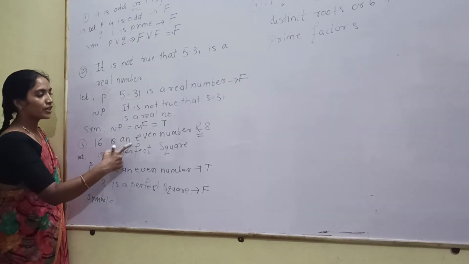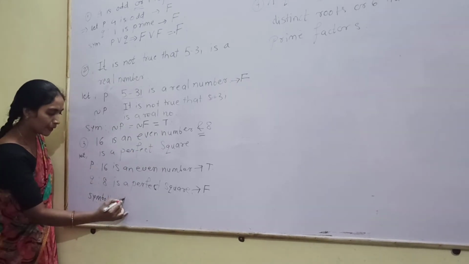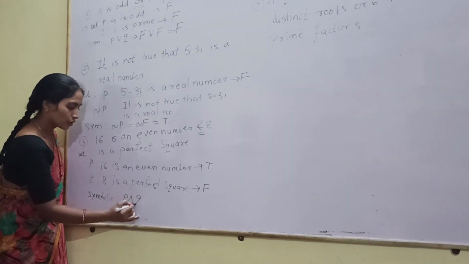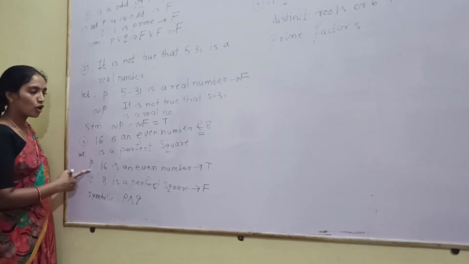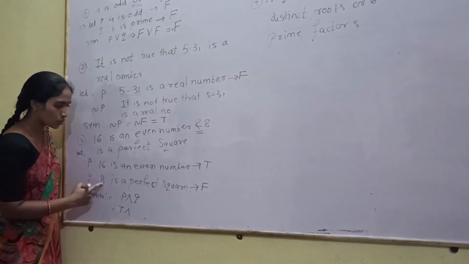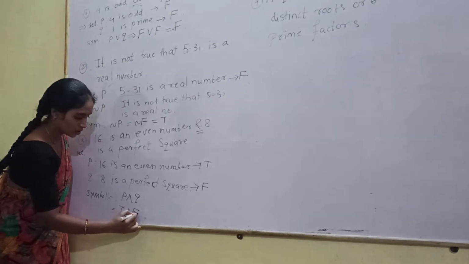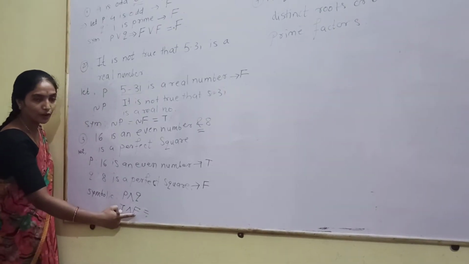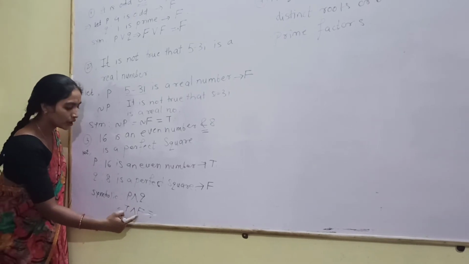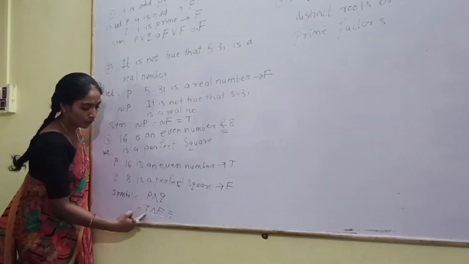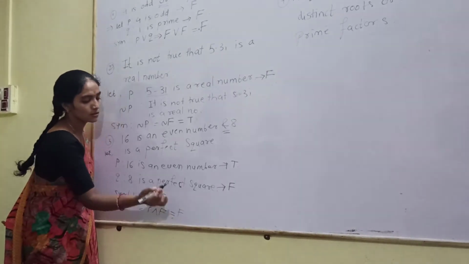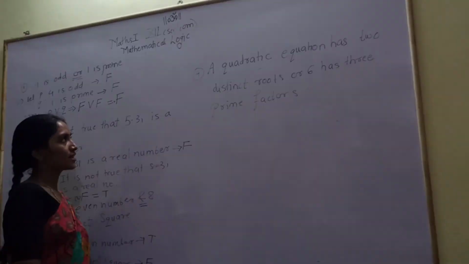Here the connective used is and, therefore P and Q. The truth value of P is T, let me put T, and Q is false. Okay, T and F. We know that in a conjunction, if both the statements are true, then and only then its truth value is true. If one of them is false, then its truth value is false. Therefore, it becomes false. Let me see the last example.